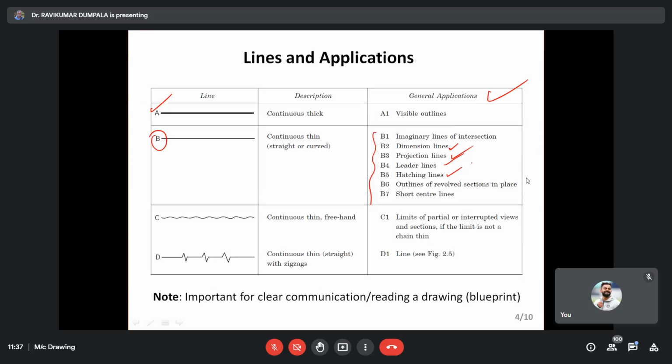Maybe you used them in the sections chapter, but not in orthographic projections. Here, in orthographic projections, we use hatching lines because whether they ask or not, most of the times you have to section the component and show the features clearly wherever required. Sectioning helps you to show the features of the component clearly.